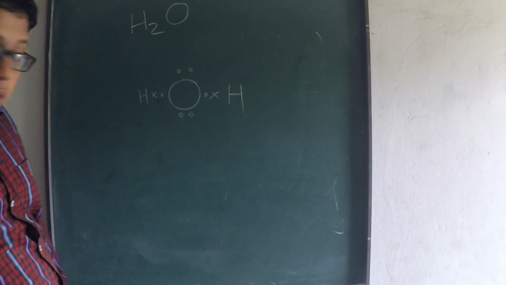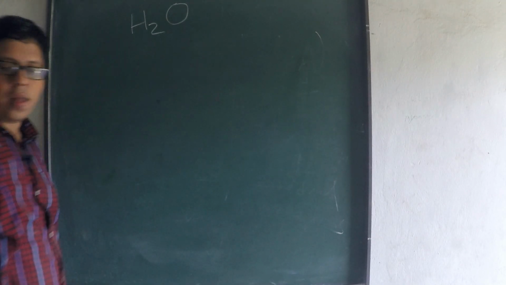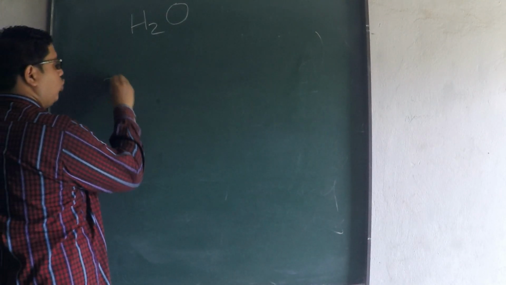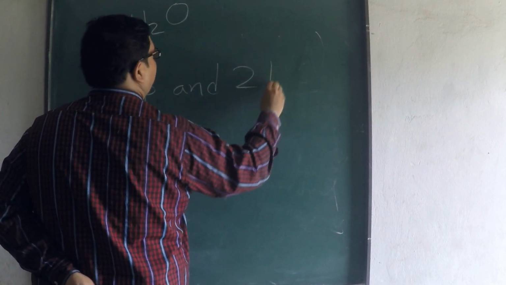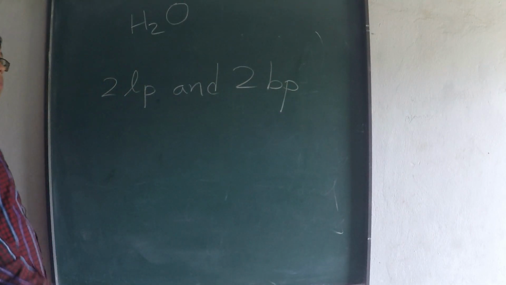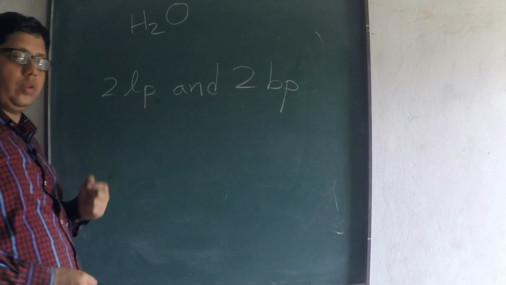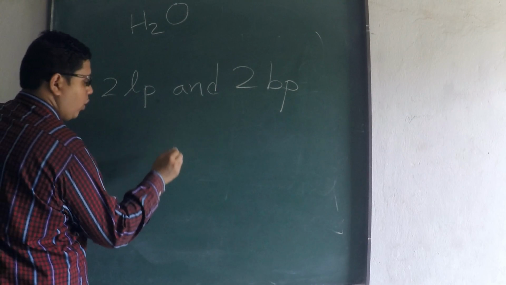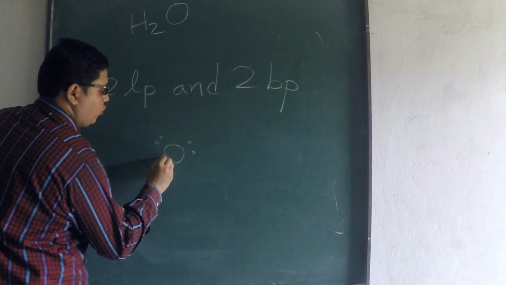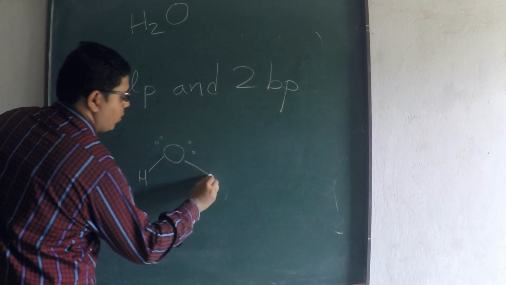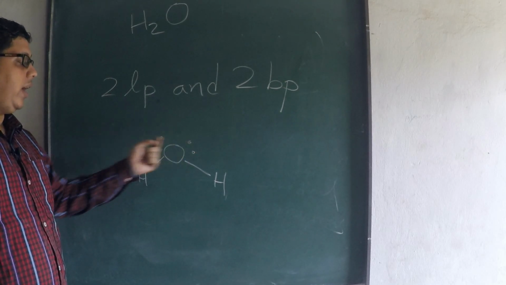Because we have 2 lone pairs and 2 bond pairs, it will affect the shape of the molecule, right? Now, I'm showing the water molecule like this. This should be the actual shape of the water molecule, okay? The oxygen atom will have 2 lone pairs.